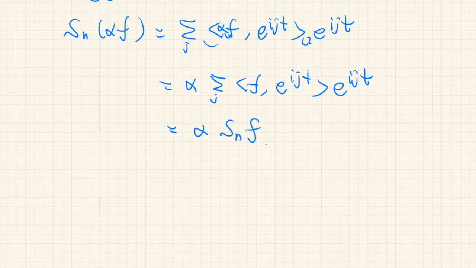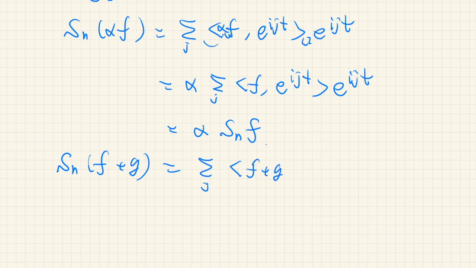And suppose function g is also complex valued and has a period of 2 pi, then this becomes f plus g here. And by the linearity of the inner product, we can split this into two inner products.